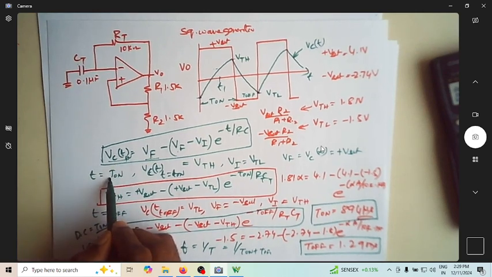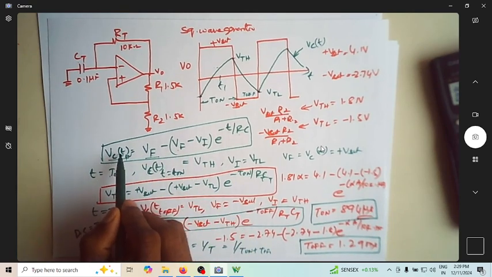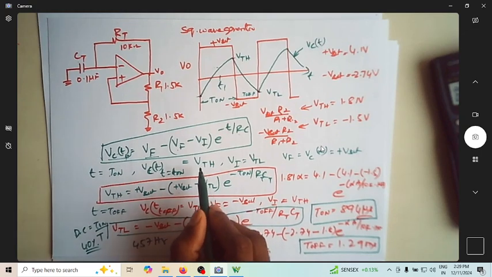If you substitute t equal to t on, then we can substitute V final, V initial, and Vc at t equal to t on. So that's what we have written.